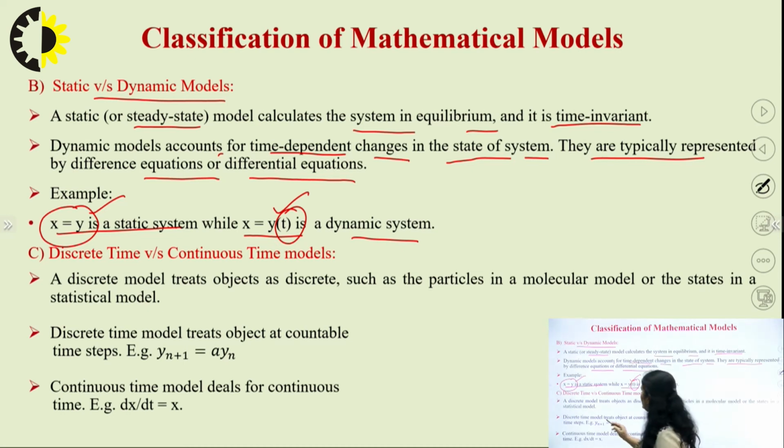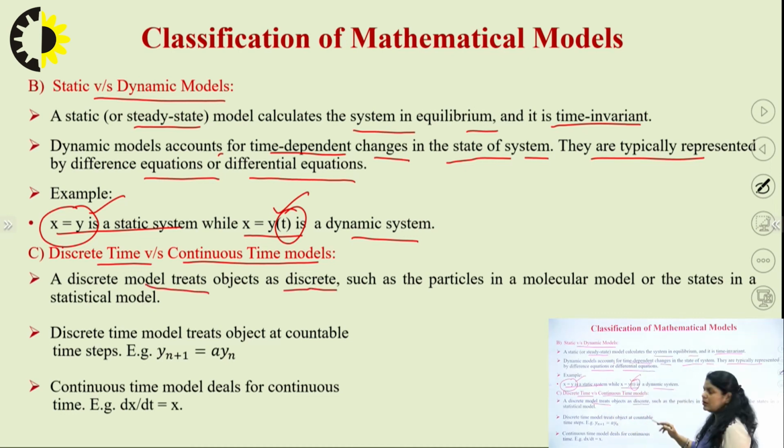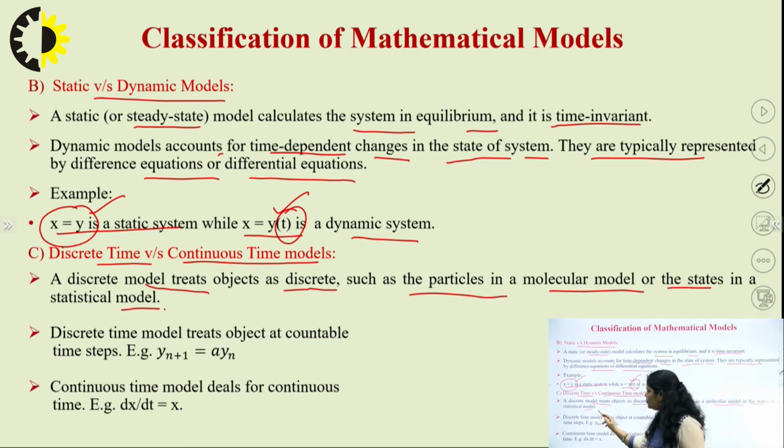Next, we come to the discrete time or the continuous time models. In a discrete time model, basically a discrete model treats objects as discrete, such as the particles in a molecular model or the states in a statistical model. So, we can say in a discrete model, the events that are happening in our system are categorized within time intervals.